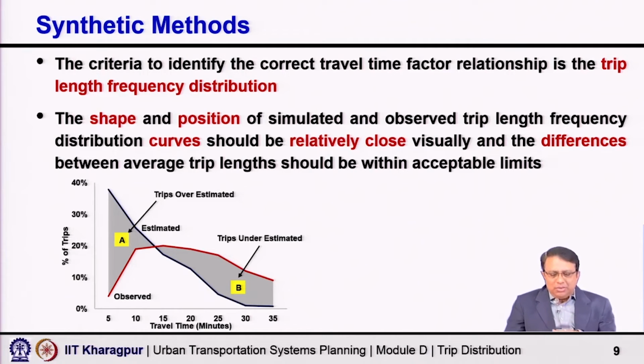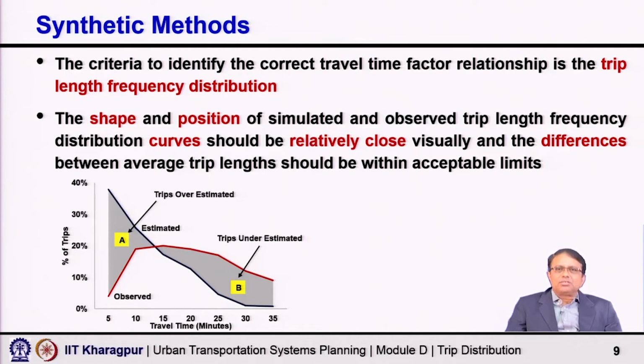Here you can see these graphs, the blue line is the estimated and the red line is the observed. You can clearly see that for 5-minute travel, the percentage of trips my gravity model gives is overestimated, a very high percentage, nearly 40% of trips, but in reality only less than 10% happen.